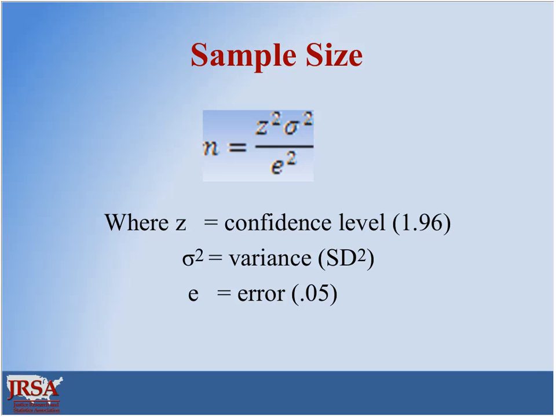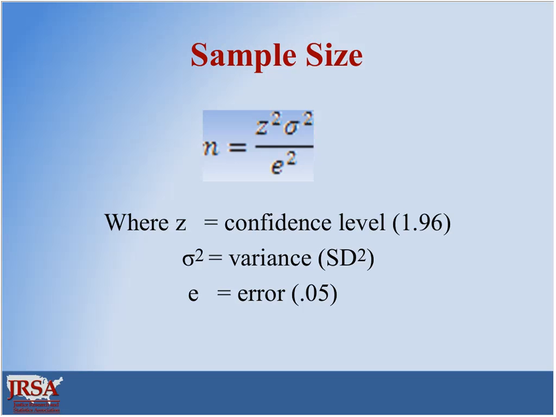I mentioned earlier that the fourth element is the population size, to a point. It turns out that once you reach a certain point for any given level of confidence, error rate, and so forth, the sample size will reach an asymptote with regard to the size of the population, so that adding more sample doesn't necessarily get you more representativeness in terms of the population size.